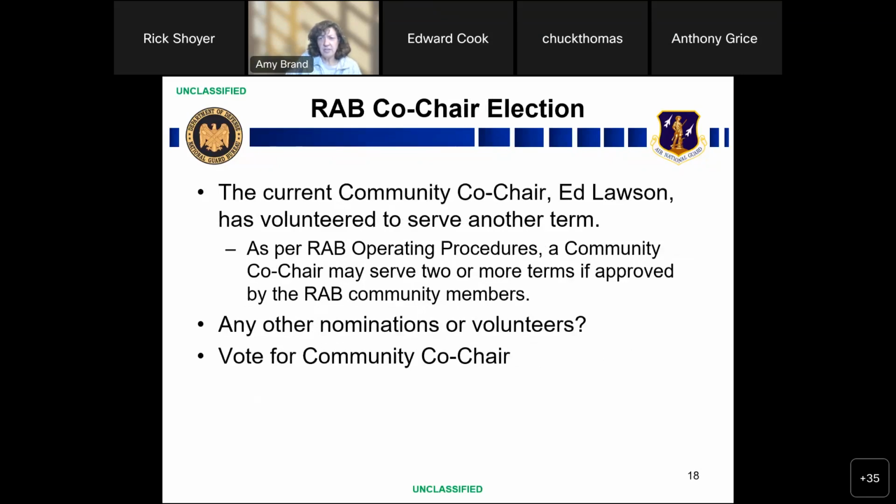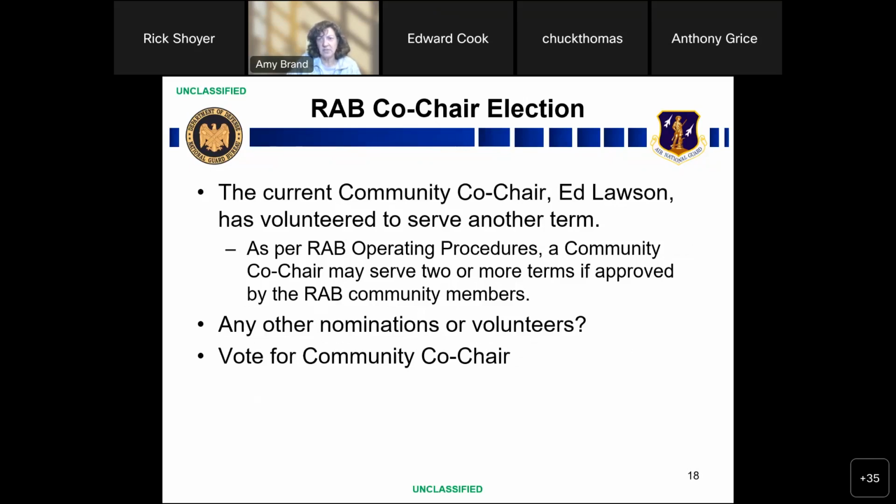And for the co-chair election, according to this RAB's operating procedures, we do elect the co-chair annually. However, that person is allowed to serve. There aren't any term limits. So two or more terms are fine if the RAB community members vote to have that person continue.